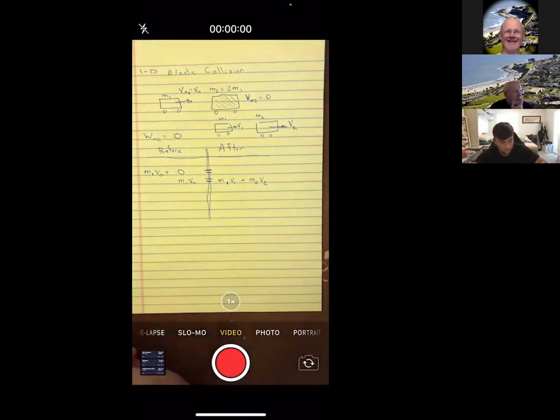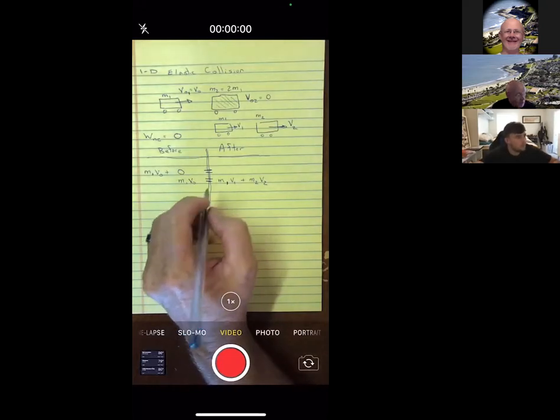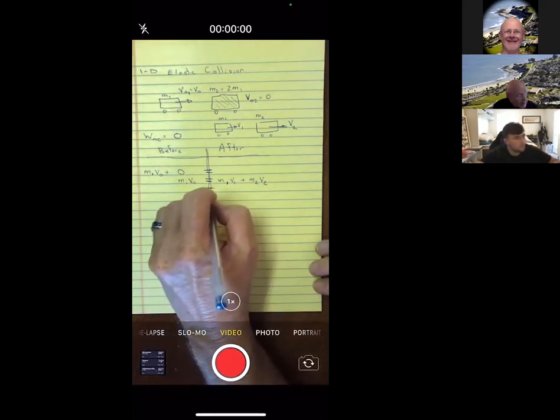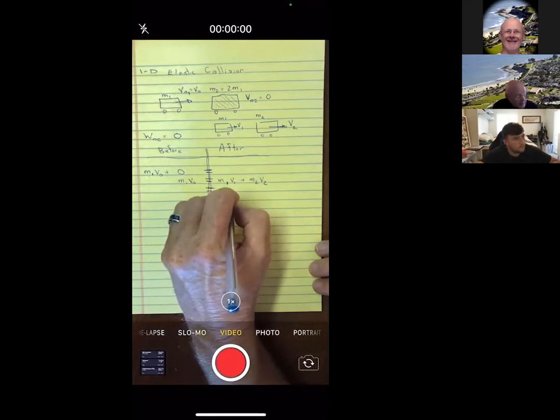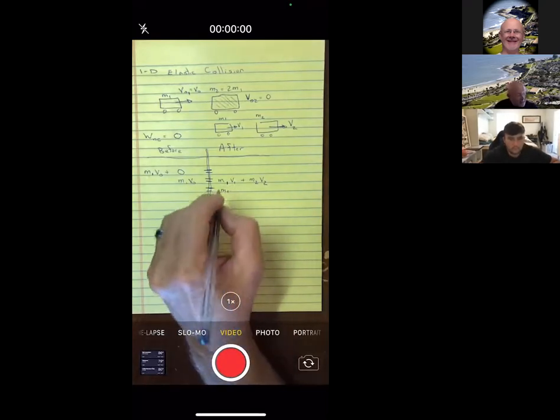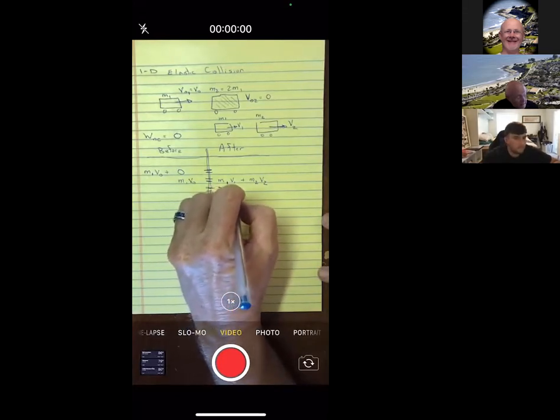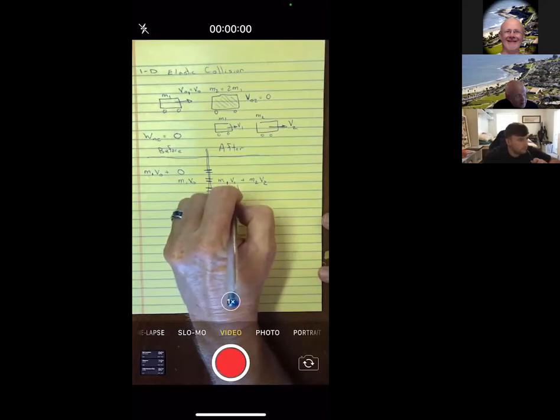Now, as I look at his solution, I guess I should ask you, would you like me to follow more his solution? Because he says from the hint, we know that V1 is in the negative direction. So he puts a negative and then really is solving for the absolute value.